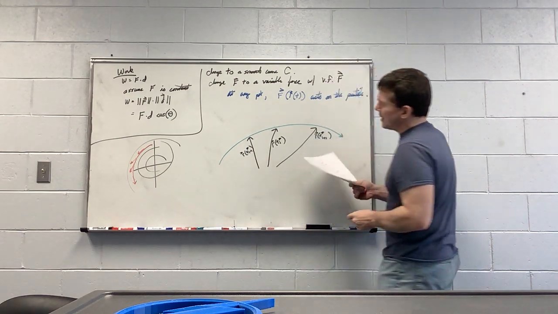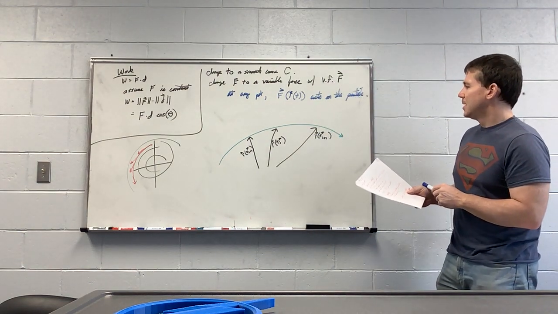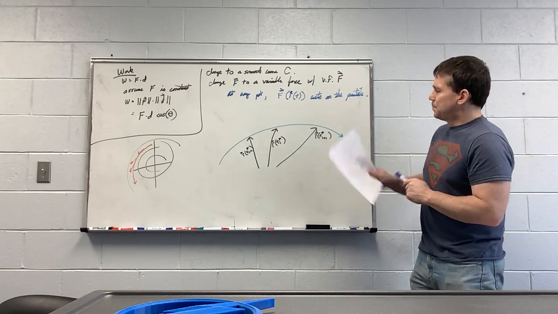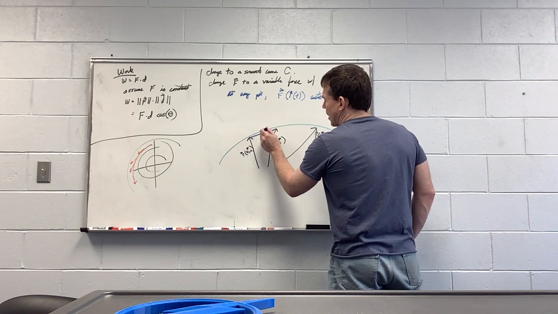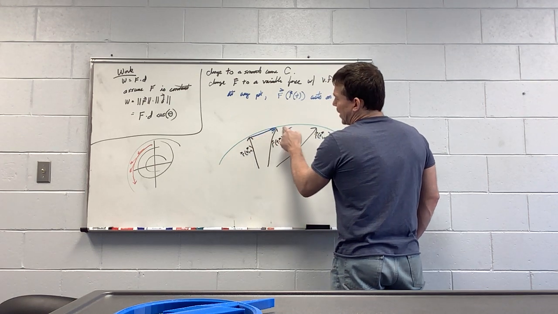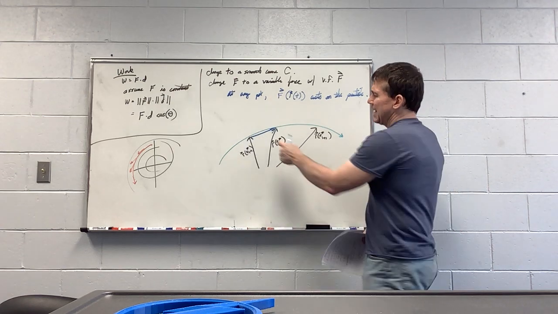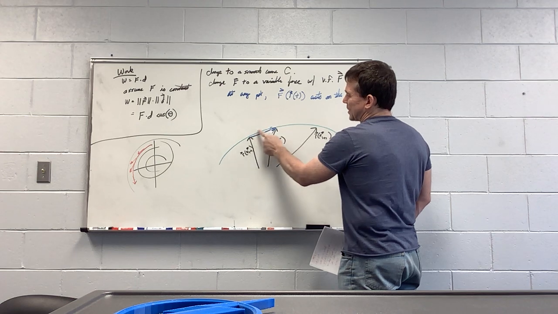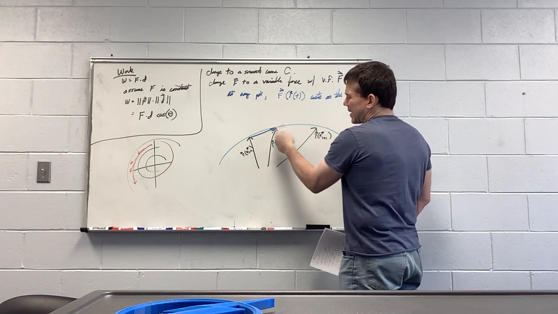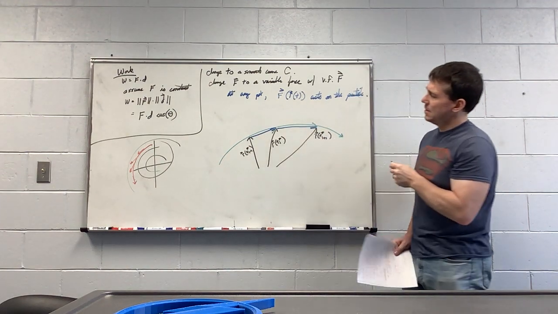And I can calculate the force at any point along the curve. But if I want to approximate it, maybe I just use this straight line approach right here, because I kind of know how to calculate that. Admittedly, that won't give me the actual work done along this curve, but it'll approximate it. And I could do the same thing right here.